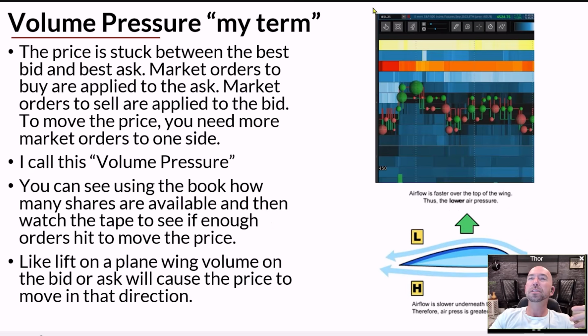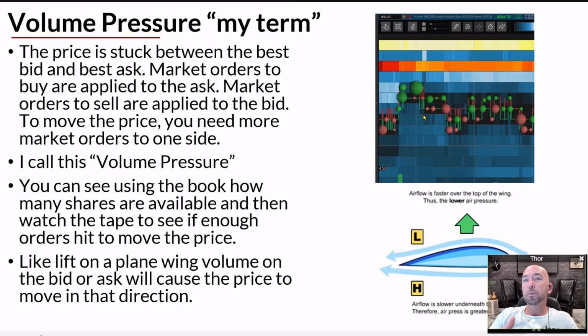This goes into the order book concept. Remember what I said about volume versus the order book limit? This works very much the same way as an airplane wing. With an airplane wing, you get lift because the wind speed moves differently over the top and the bottom, and this is what creates the lift.